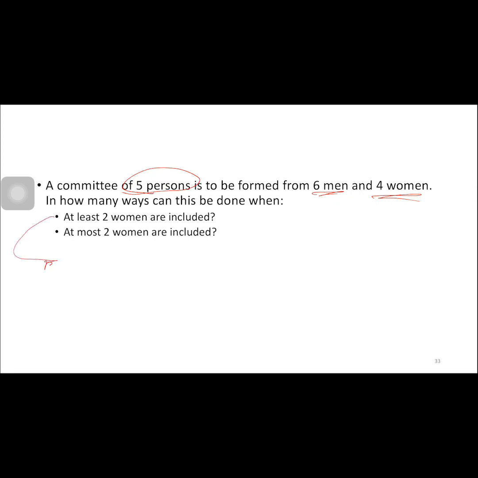Let's start with this one. If we are going to include at least 2 women, and we have 4, that would be 2, 3, and 4. From 4 women, we can include 2. If we have included 2, then we can get 3 from the group of men. So that would be 6C3.